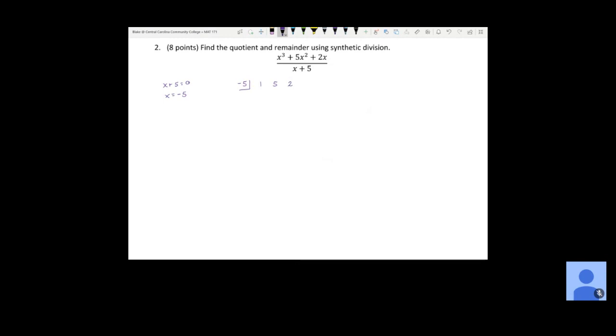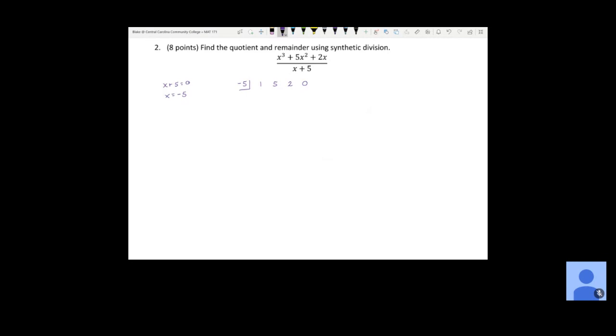There is no constant at the end there, so we actually do need to put a 0 in its place. Okay, so just remember, if you're ever missing a term anywhere in there, you've got to put a 0 in its place, even if that happens to be the constant. Okay, so make sure you add a 0 at the end there.